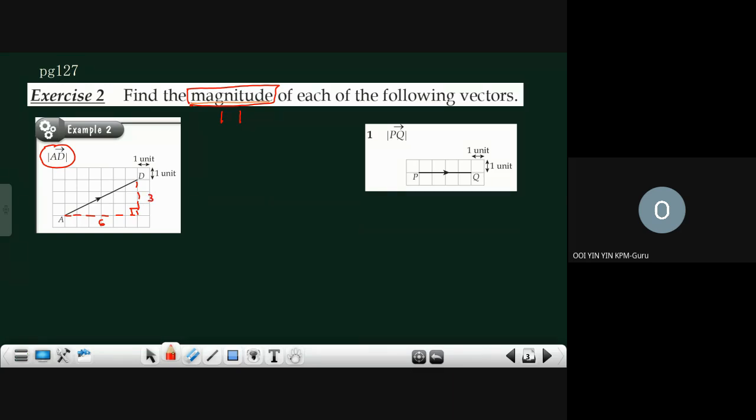Okay, so to find your magnitude AD, now we write like this. Magnitude of your AD. Don't forget your arrow. Arrow tak hubung. I tell you, for this chapter, if you are writing a vector, but then you just write the alphabet AD without the arrow, then it will be wrong. 直接零，没有分.